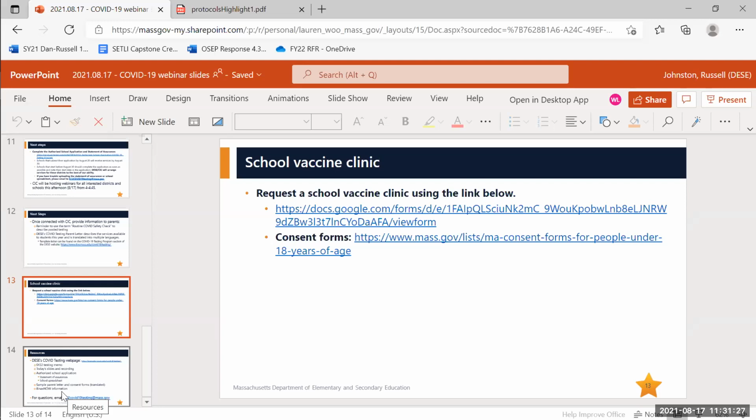I know our partners at the Executive Office of Health and Human Services and DPH are so very motivated to see as many vaccine clinics as we can across the state as early in the school year as possible, because we just know it's so key to really having safe schools for everyone in our school communities. We've got the consent form here for you as well, particularly the form that you'll need for people who can't sign as their own guardian, those who are under 18 in particular.